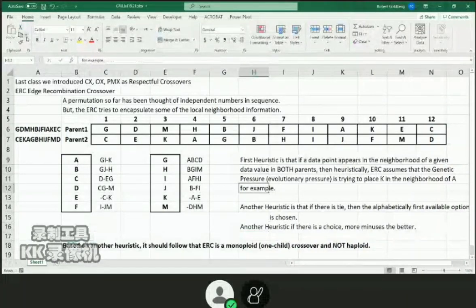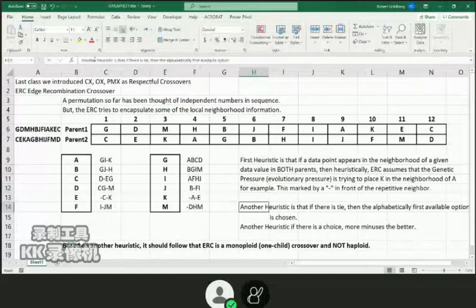For example, this is marked by a minus in front of the repetitive data point, repetitive negative. Good. All right, first heuristic, second heuristic, third heuristic.